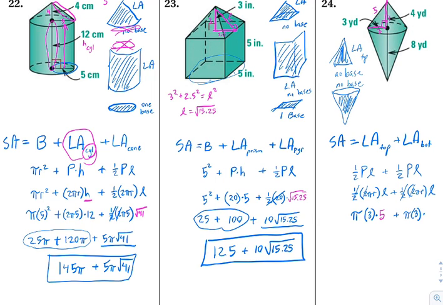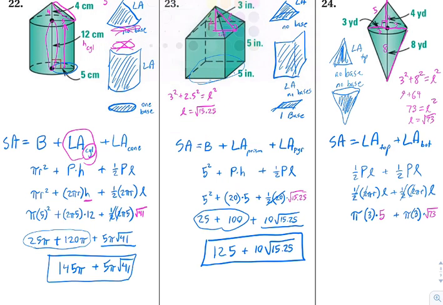And for the bottom one, we have a 3 radius and an 8. And so we need to find the slant height. So 3 squared plus 8 squared is L squared. That's 9 plus 64, or 73, is L squared. So we get L is root 73. So this is root 73.